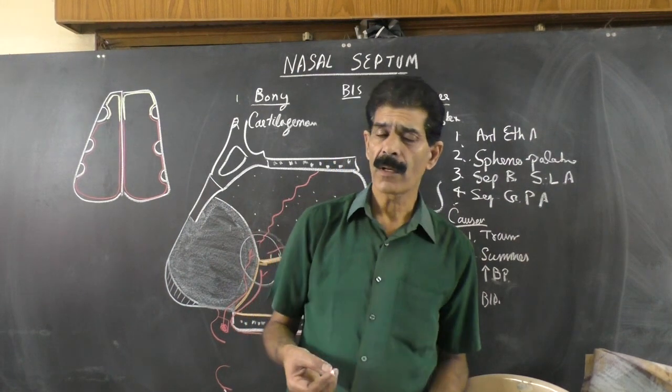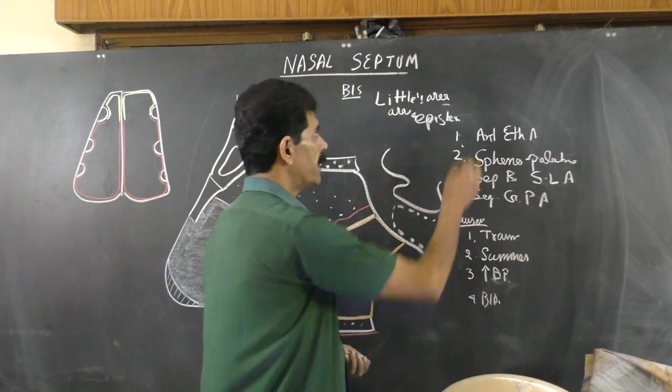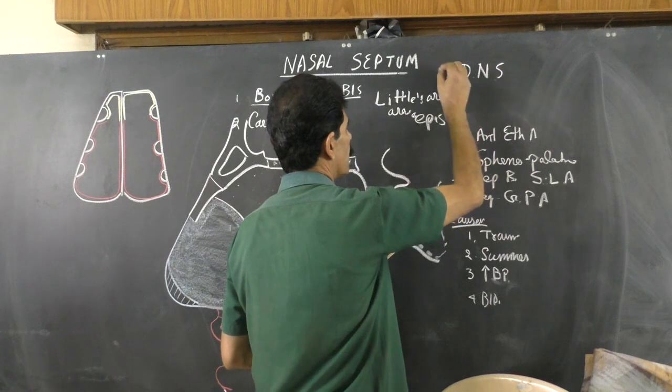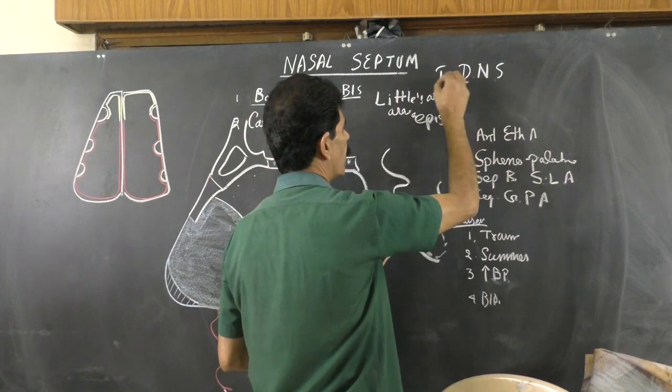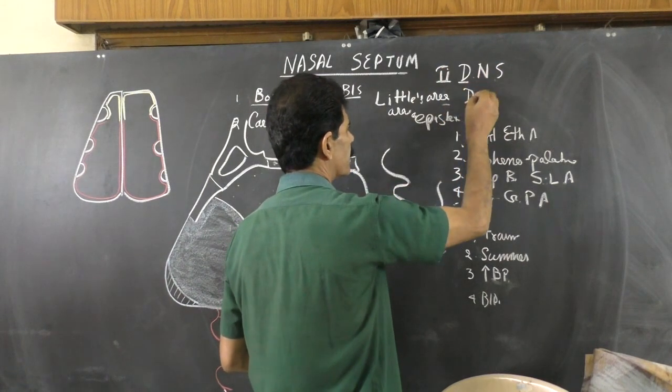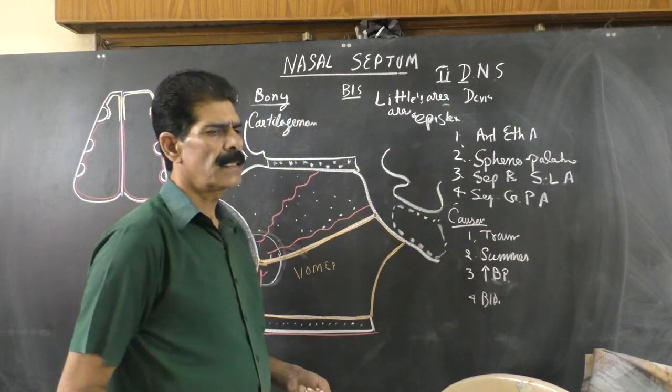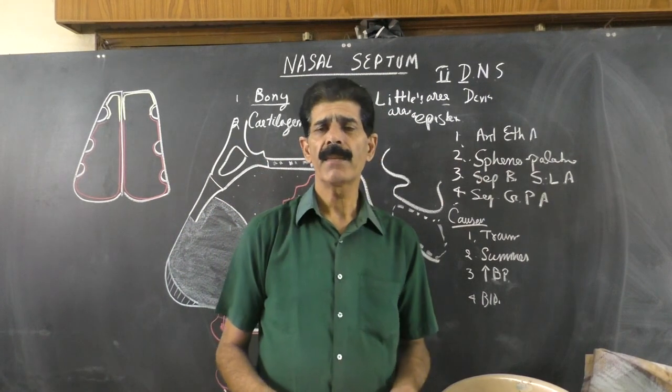Another applied anatomy of the nasal septum is the DNS. DNS is the deviated or deflected nasal septum. Usually it is congenital, but it may be traumatic also.